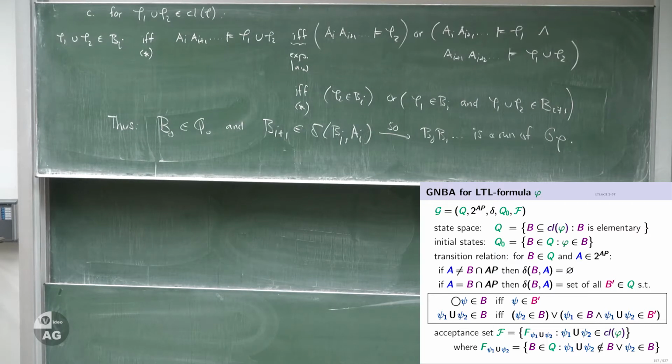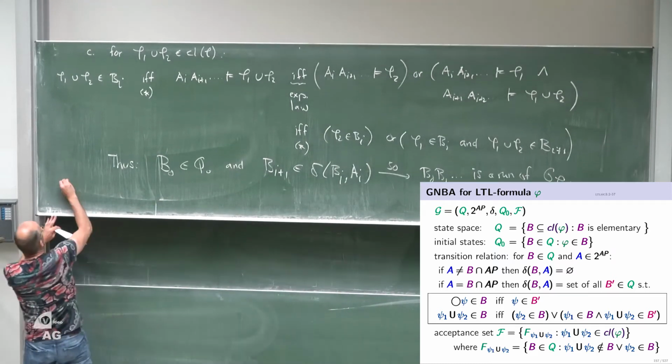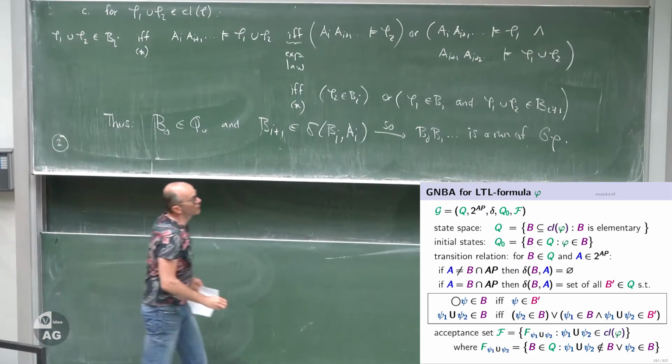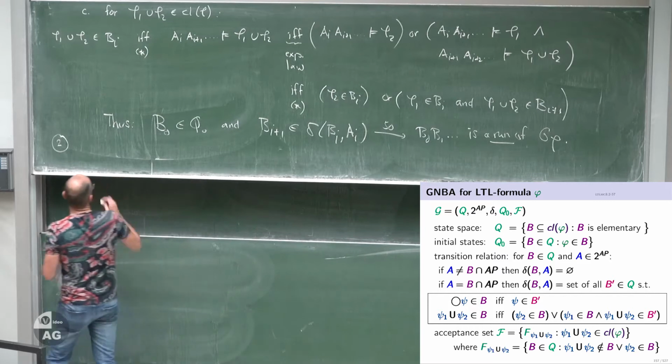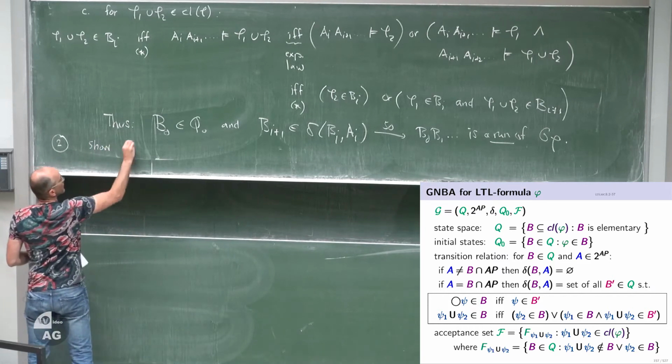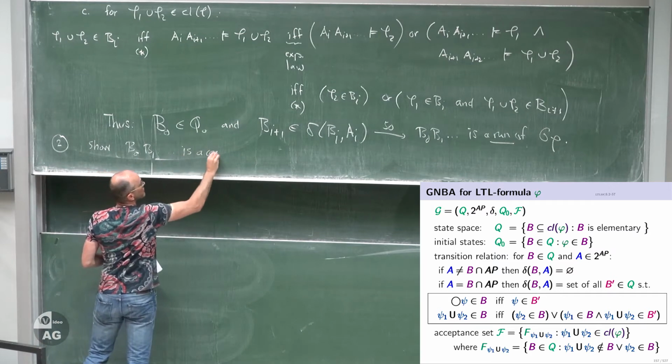What is left? We need to prove it's accepting. So now it comes, why is this acceptance condition really the acceptance condition we need? So the second part of the proof, 2. The only thing we know is that it is a run. Now I want to show that B0, B1, etc. is accepting.